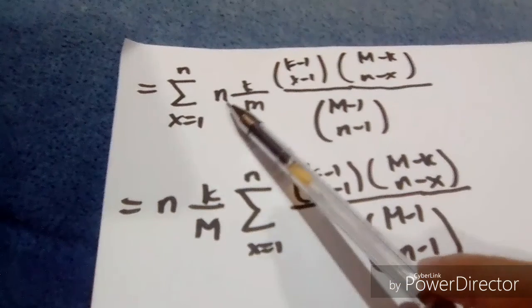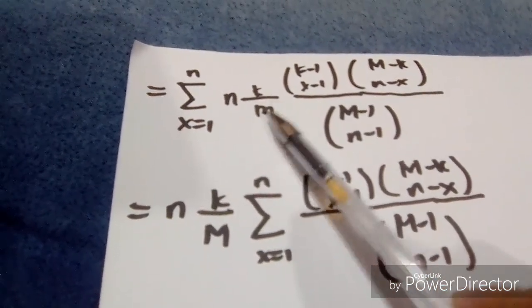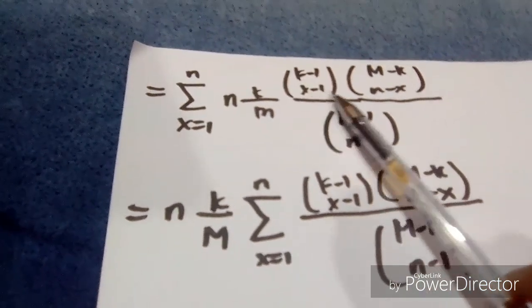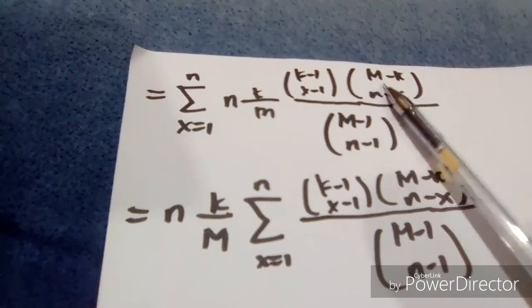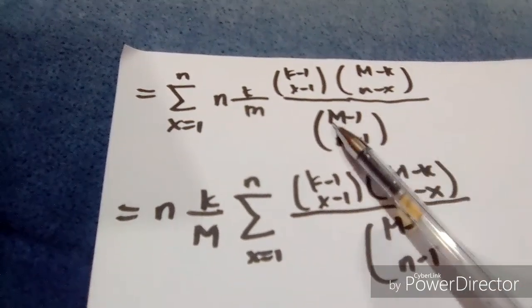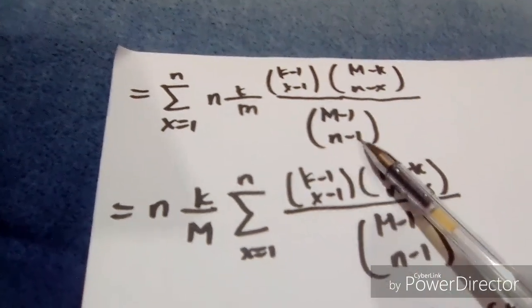So we have the summation of n times k over m multiplied by the quantity k minus 1 taken x minus 1 multiplied by the quantity m minus k taken n minus x, divided by the quantity m minus 1 taken n minus 1.